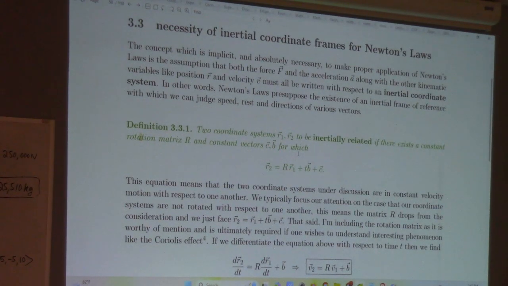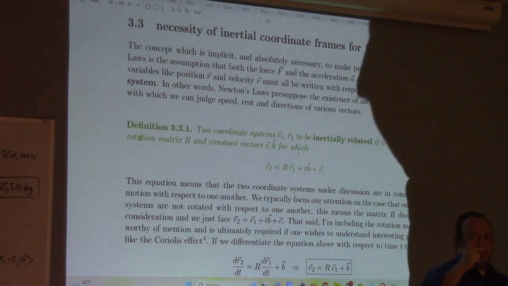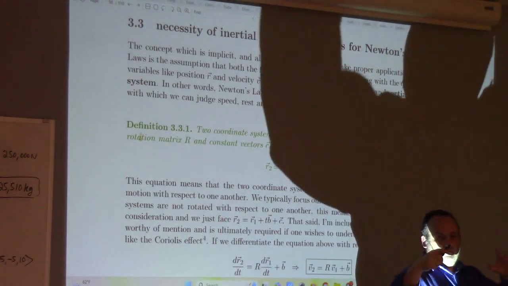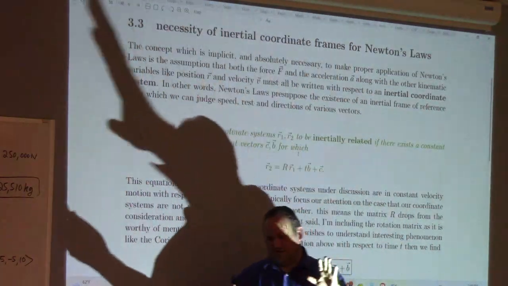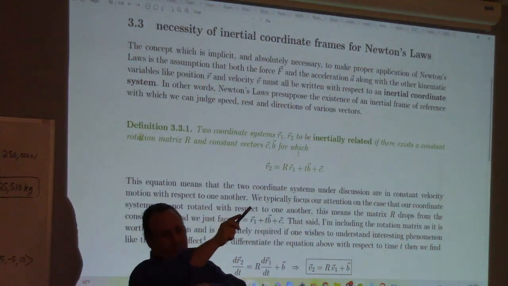So what I'm saying is that we want to allow the possibility for two inertial coordinate systems to be related to each other by a fixed rotation, right? If you could imagine this, instead of using the corner of the room and the edges of the bottom of the room as axes, we ought to be able to rotate them 30 degrees and have the axis like this and the other one like that.